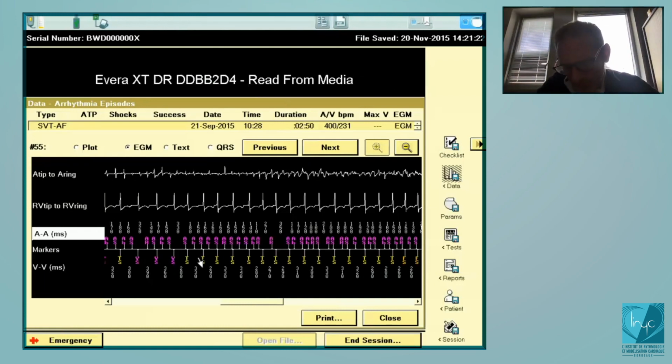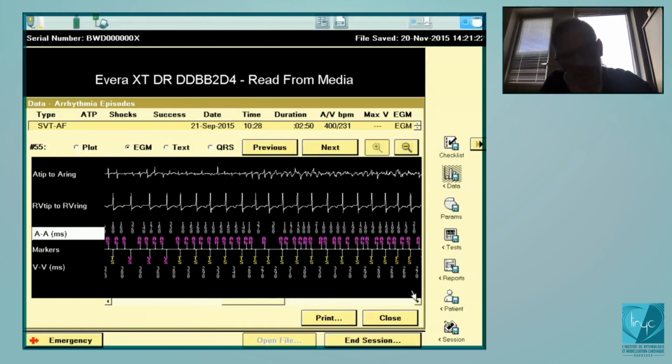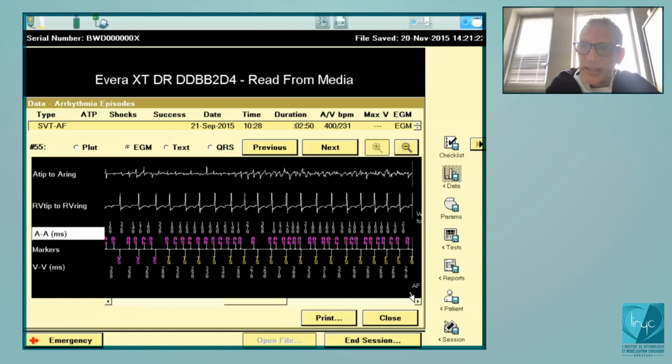It means that the VT counter has been designed for the VT. What I mean by VT is stable and fast arrhythmia. In ventricular fibrillation, the VF counter has been designed to diagnose correctly an episode of polymorphic arrhythmia. The idea of this counter is also to produce a first level of discrimination between atrial fibrillation and ventricular tachycardia.